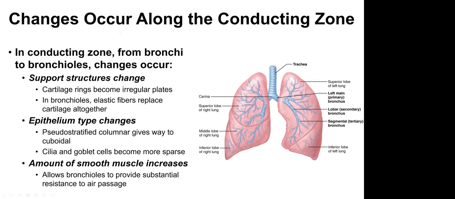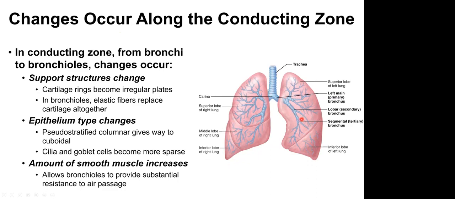All right. So along the conducting zone, it's important to realize that there are some different changes occurring as we move down this tree. So the supporting structures change, for example, these cartilage rings that used to be on the trachea become these irregular plates.